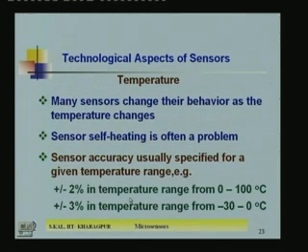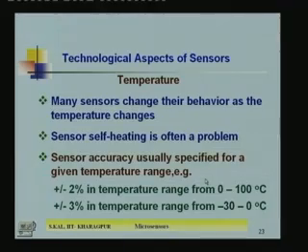That is mentioned when a manufacturer is marketing a particular sensor, what is the temperature variation of those sensors. This example is given to inform you that the performance change of the sensor is not the same in different temperature ranges.